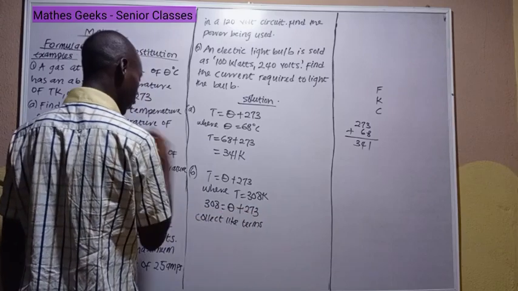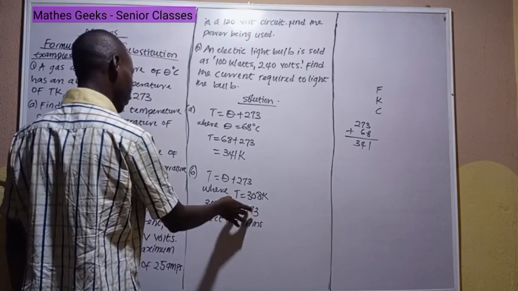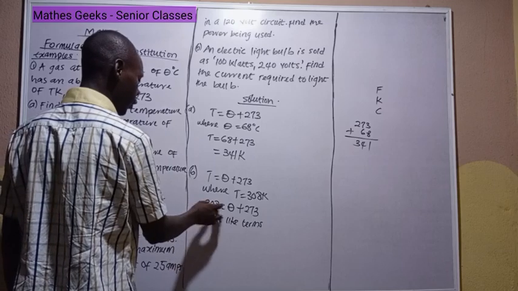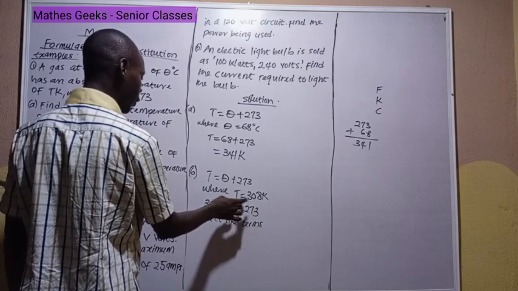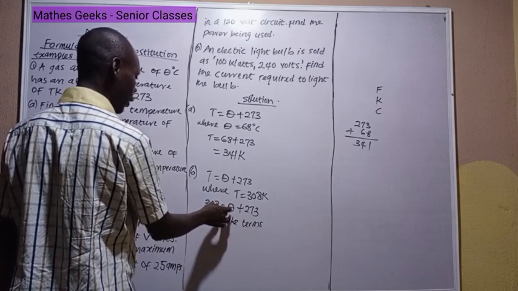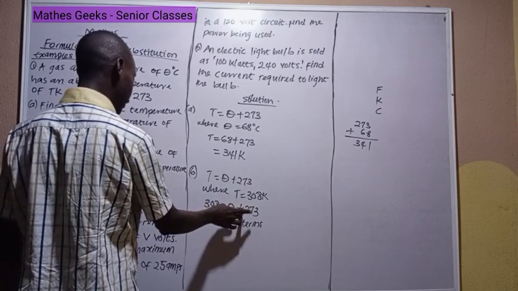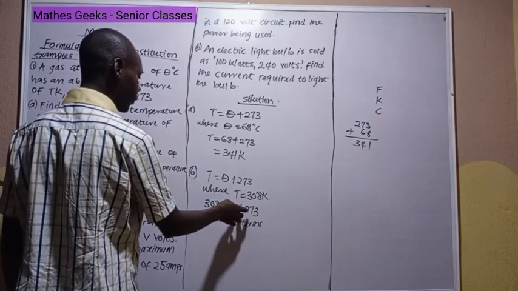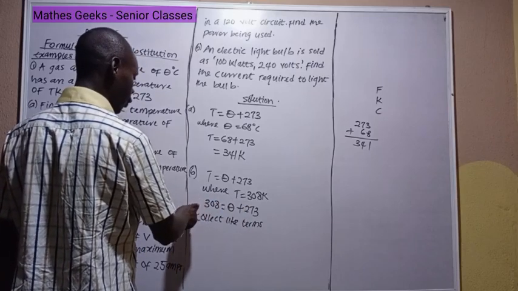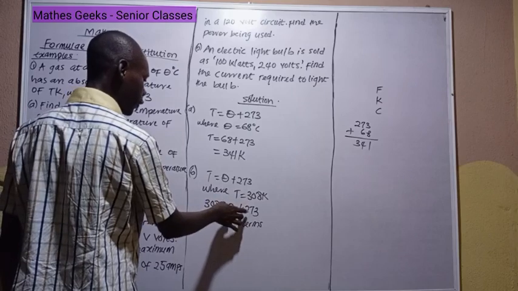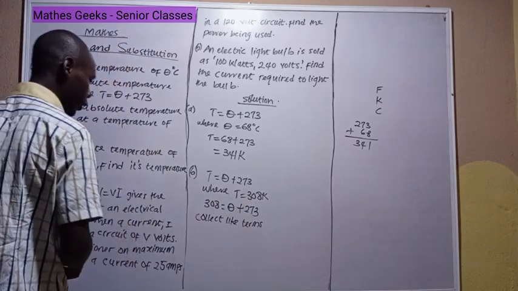So since you're going to collect like terms, it means that 273 will have to move to meet 380 on this side of the equation. When it crosses this equals sign, the sign will change from positive to negative. If the sign here was negative, by the time it crosses, it will change to positive, but now it's positive, so when it crosses, it's going to change to negative.